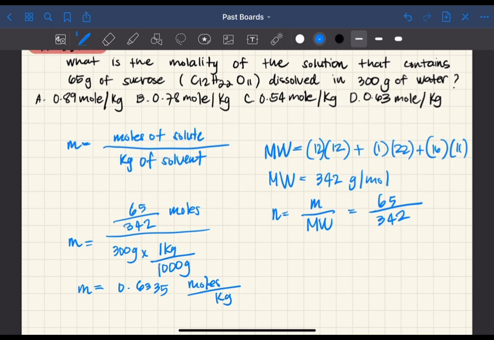So in the choices, as you can see, this is approximately equal to 0.63. So the answer for this problem is letter D, 0.63 mole per kilogram.